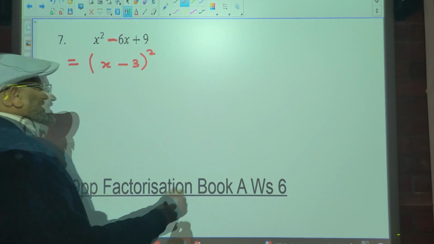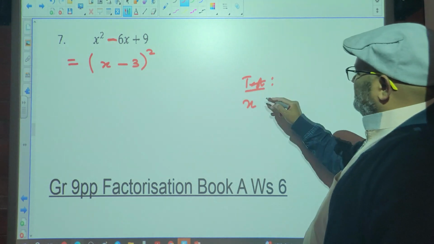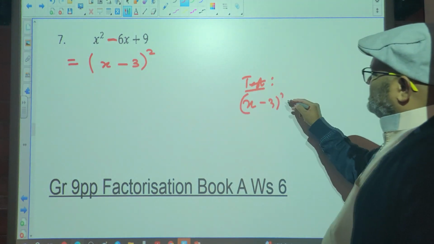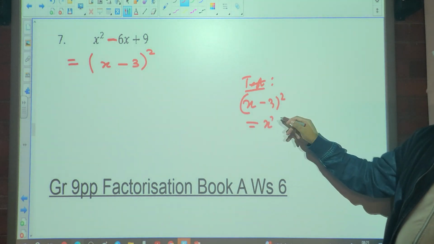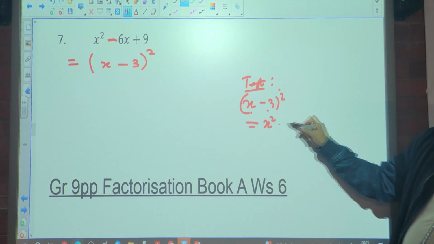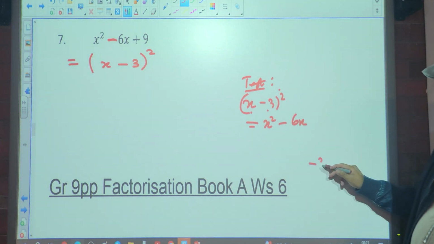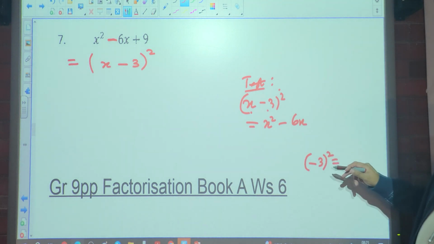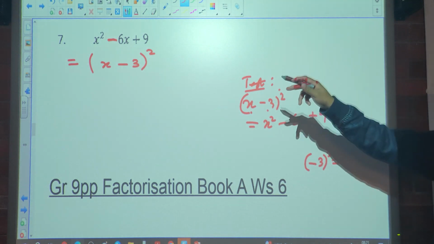So let's check, we test. So it's x minus 3 squared. So what's the rule? Square the first term, what do I get? x squared. So it's x times negative 3 times 2, which is negative 6x. And the last term squared. So in other words, it's negative 3 squared. What's negative 3 squared? Positive 9. So that is the case.